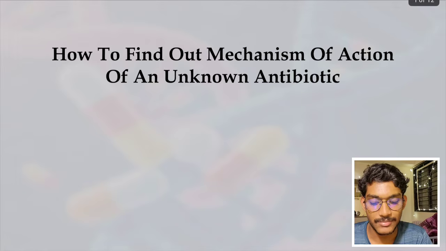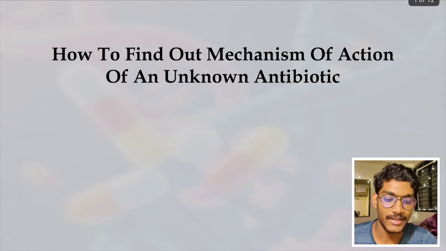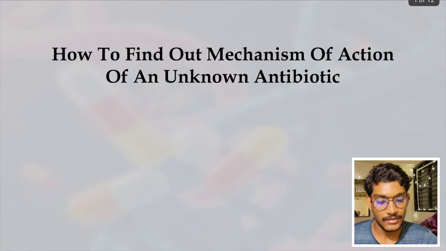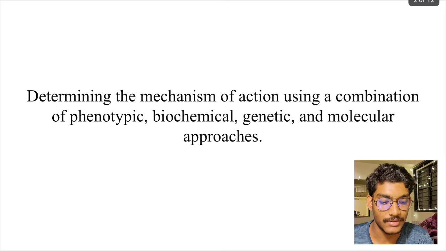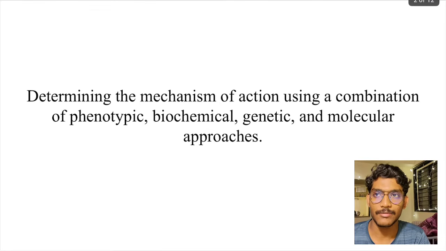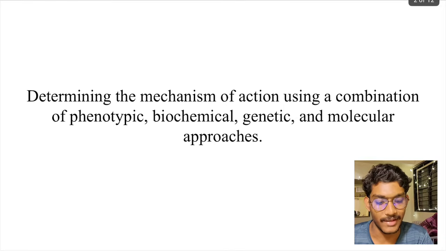This video is going to be about how to find out the mechanism of action of an unknown antibiotic. To know the mechanism of action, you will perform certain phenotypic, biochemical, genetic or molecular assays, and with those assays gradually we will get certain inferences, and finally we will conclude the mechanism of action.